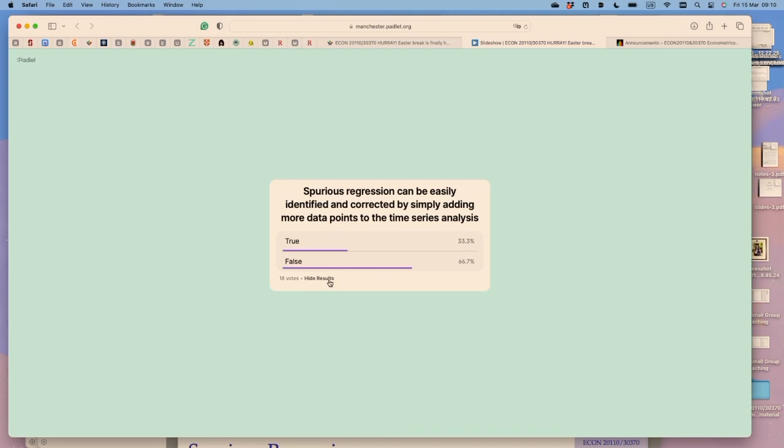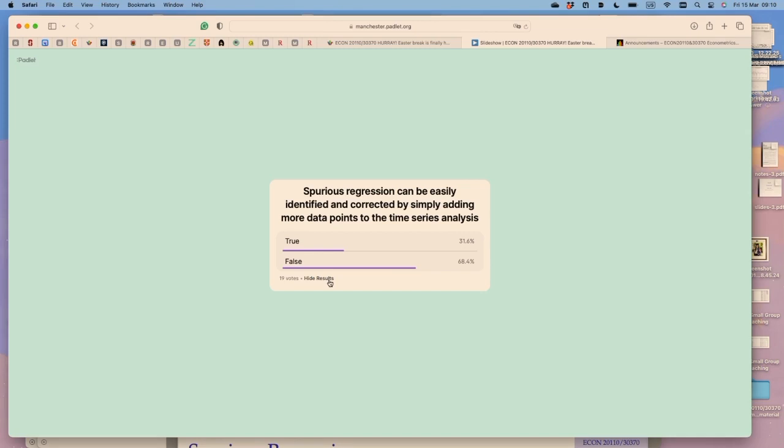If spurious regression could easily be fixed by adding data points to our sample, then we wouldn't be so worried about encountering it. The spurious regression will not go away no matter how large the sample size is, because it's not the sample size that's triggering the issue. It's the stochastic trends in the time series itself, unless we can somehow control for the stochastic trends, okay? Otherwise, we won't be able to fix the problem.